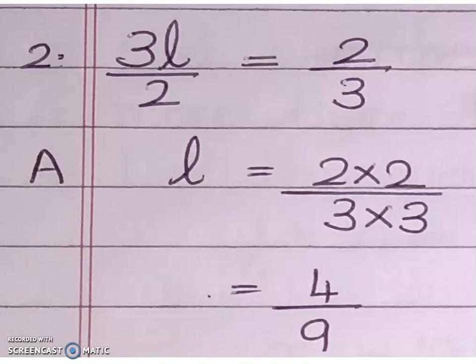Same type. 3/2 L is equal to 2/3. 3/2 into L is equal to 2/3. So what will happen? 3/2 goes to the other side. Then you can write it as 2/3 divided by 3/2.